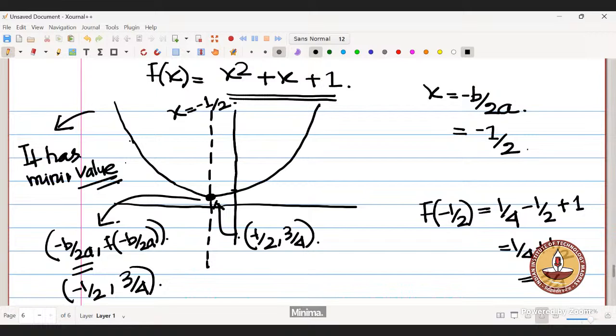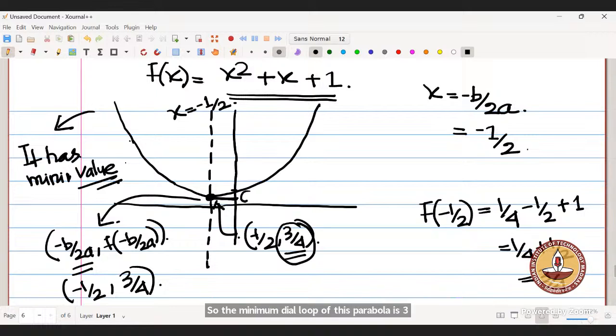The parabola attains its minimum value at the vertex, and at the vertex, the value is 3/4. So the minimum value of this parabola is 3/4.